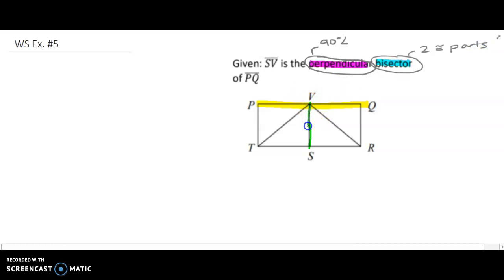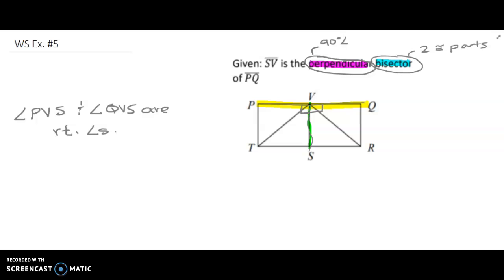Okay, so if this, let's look at perpendicular first, is perpendicular to PQ, that means this angle here and this angle here are both right angles. So I can say angle PVS and angle QVS are right angles. Okay, now I want to look at this bisector part.